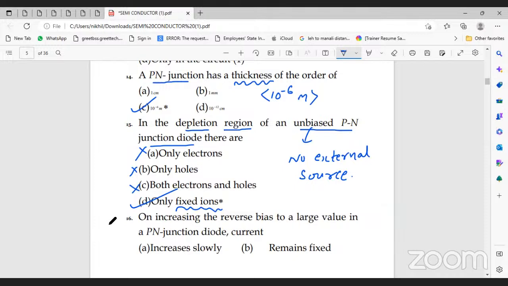After connecting the external source, only then will there be creation of the positive charge carriers and negative charge carriers, that is holes and free electrons. So in the depletion region, there will be only fixed ions if it is unbiased.